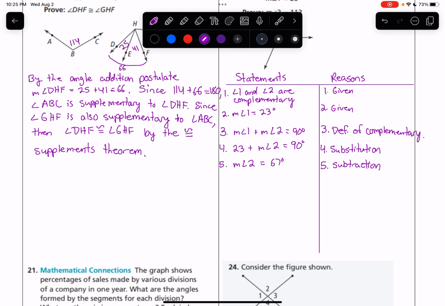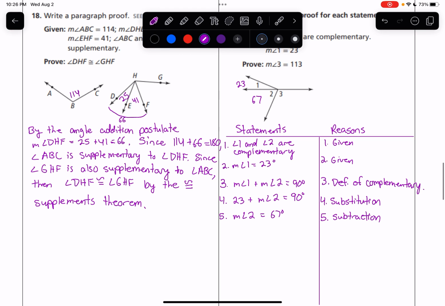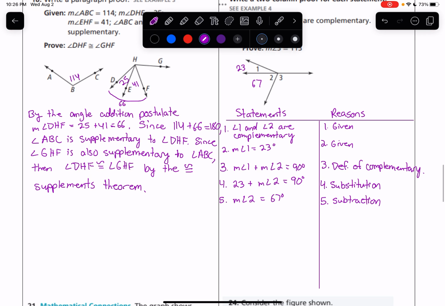All right, awesome. Let's see, I can go back up to the diagram. If I know that the measure of angle 1 is 23, I can write that in. And I know that the measure of angle 2 is 67. Hey, I have a linear pair right here. So I'm going to say that angle 2 and angle 3 are a linear pair.